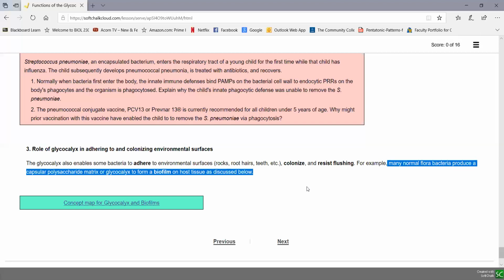But our way around that is we can eventually stick capsules to phagocytes through opsonization by using opsonizing antibodies. And the second role is involved in adhering to surfaces such as body cells, and that allows bacteria again to colonize and resist flushing.